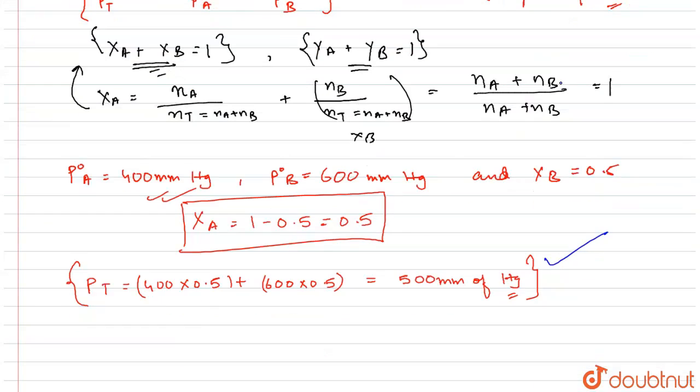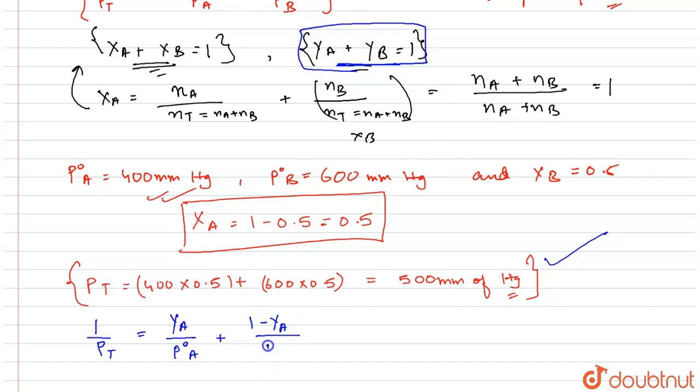For solving this, I'll use my second formula: 1 by PT is YA upon P naught A plus, now here I have to put YB, so instead of YB I'll put 1 minus YA, 1 minus YA upon P naught B. Now I have the value for PT, 500 mm of Hg, P naught A, that is 400 mm of Hg, and P naught B, 600 mm of Hg.